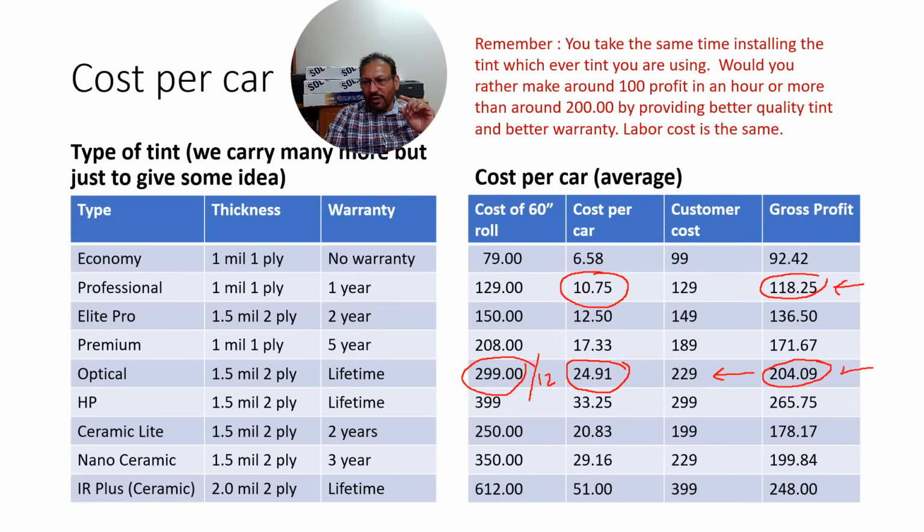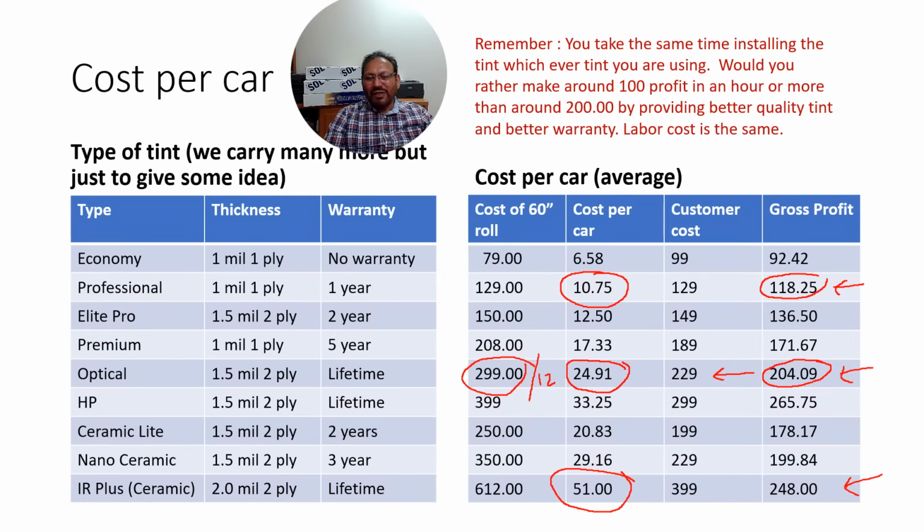Here in 1 hour you're making $204. And if you are able to provide ceramic plus tint, which is the highest quality tint, you're making $250. So in 1 hour, even though your cost increases, your profit also increases. So it's better to give the customer better quality tint, better warranty, and you make more money.